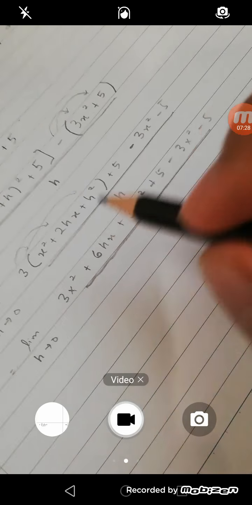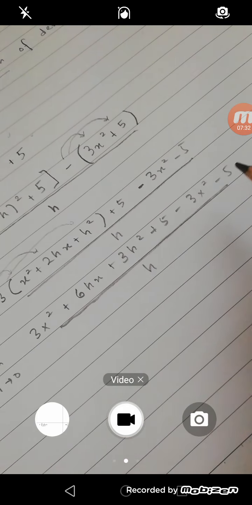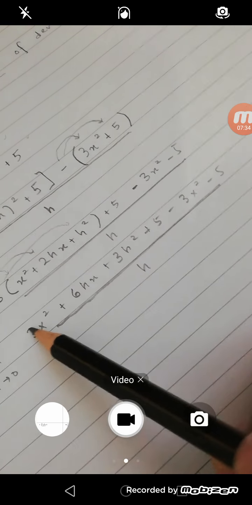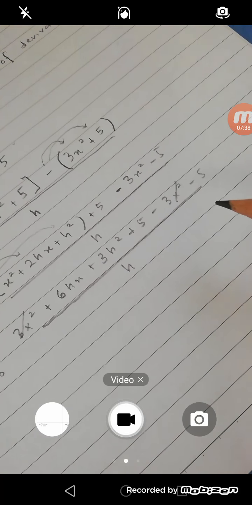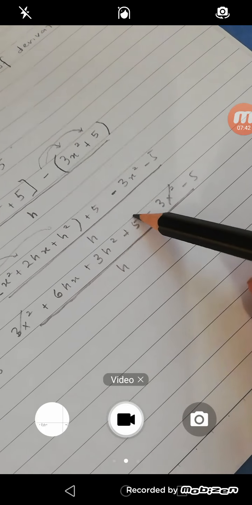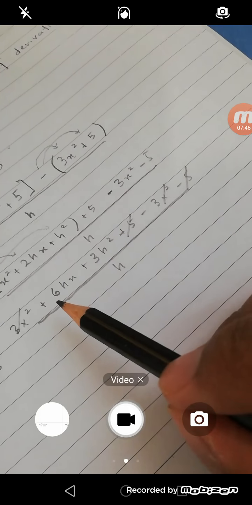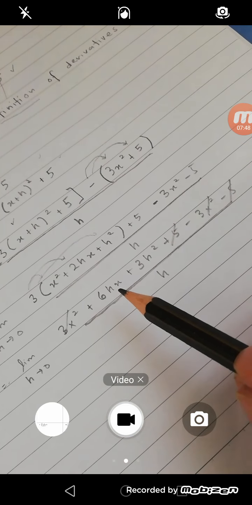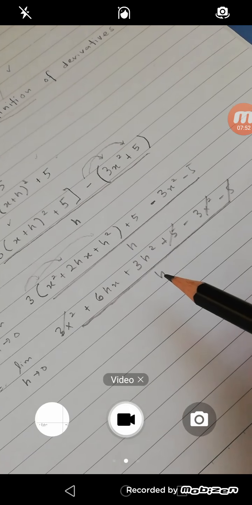If you see this carefully, we can deduct the 3x squared terms, which become 0, and plus 5 minus 5 also becomes 0. Now you are left with 6hx plus 3h to the power of 2 over h.